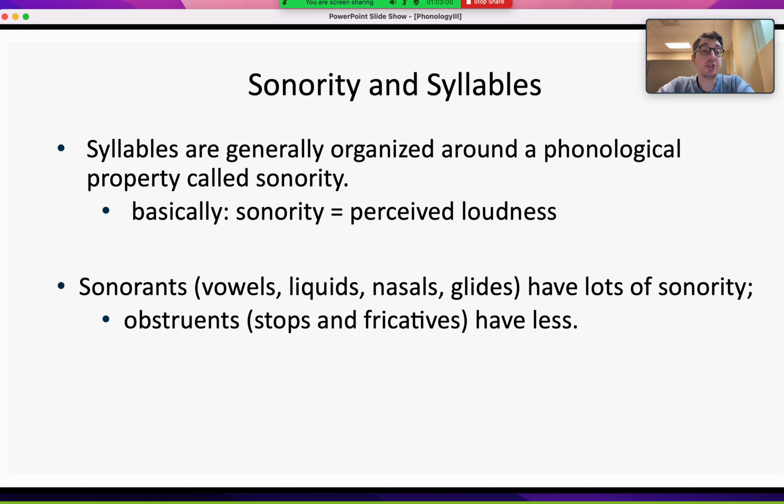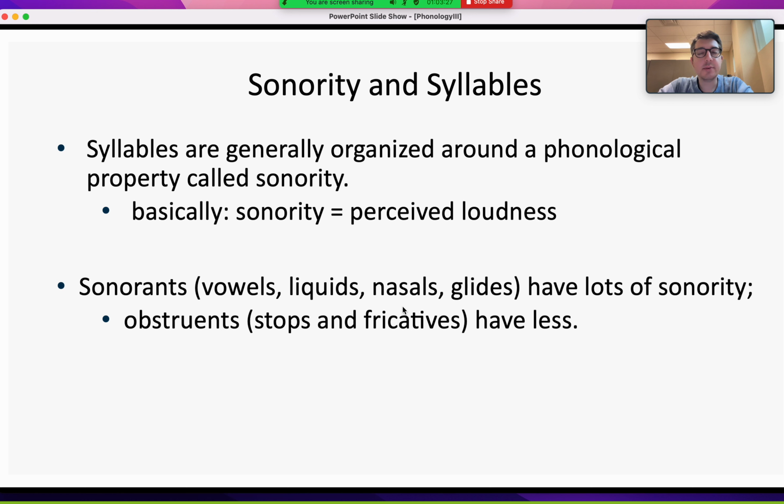Speech sounds which are sonorous will be sonorants. They are vowels, liquids, nasals, and glides. They're basically singable. You can sing and say ah, or you can use a nasal, or a liquid even, or a glide. Wow, right?